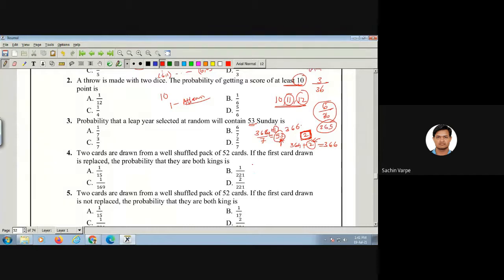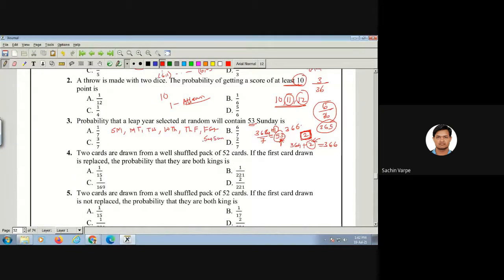We have to make the possibilities: Sunday, Monday, then Monday, Tuesday, then Tuesday, Wednesday, then Wednesday, Thursday, then Thursday, Friday, then Friday, Saturday, then Saturday, Sunday.